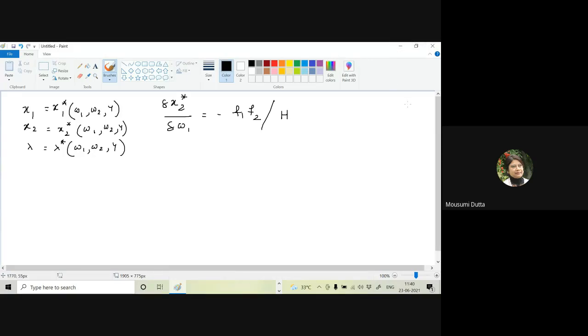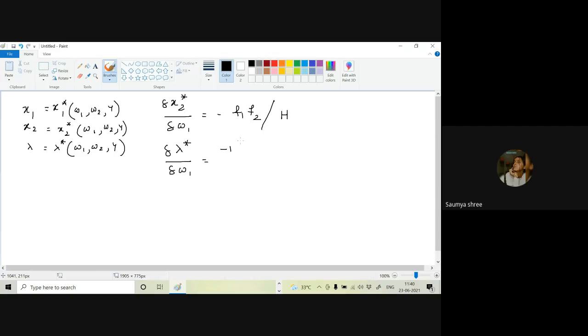And the third one, del lambda star by del w1. It was also coming positive. What is the value? First tell me. Ma'am, -1. Within bracket, lambda star. No. Why?